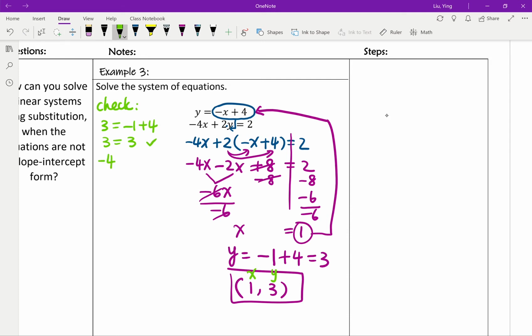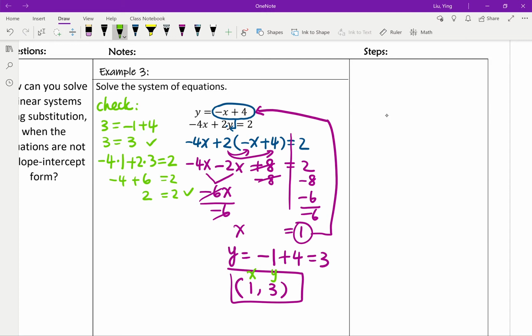Then we check the second one. Negative 4 times x, which is 1, plus 2 times y, which is 3. Does that equal 2? So negative 4 plus 6. And yep, both sides are equal. So that way we can check that this answer is true. Or if you're good at graphing, you can graph it.